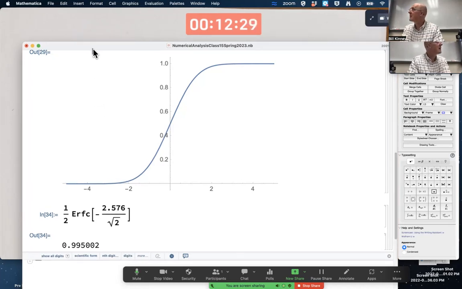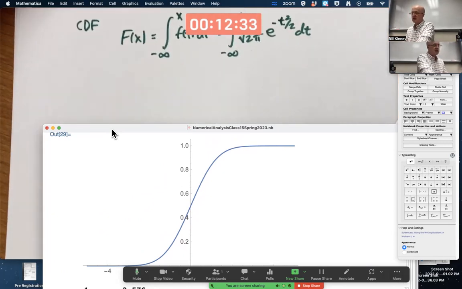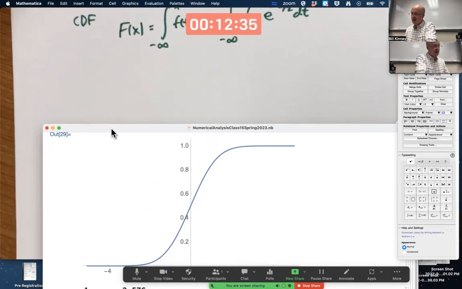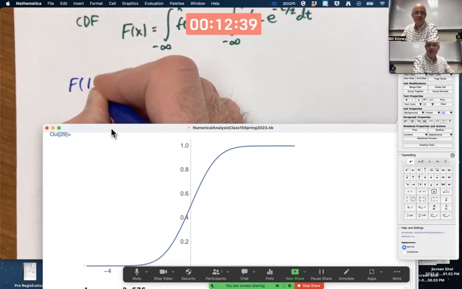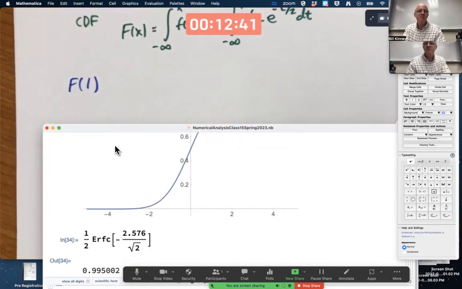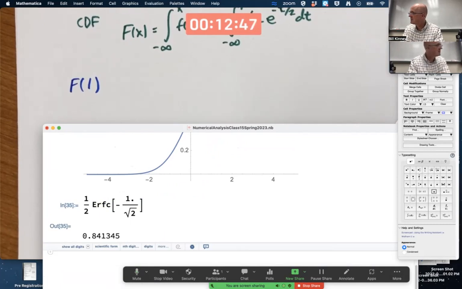Let's use those numbers as data for interpolation. So F of 1, capital F of 1, is pretty close to 0.84.